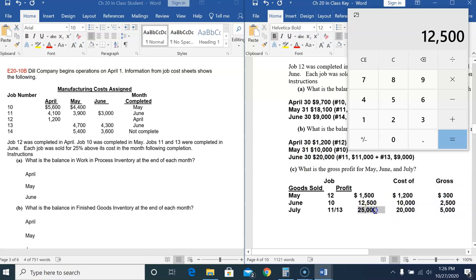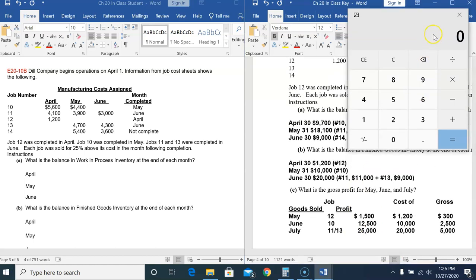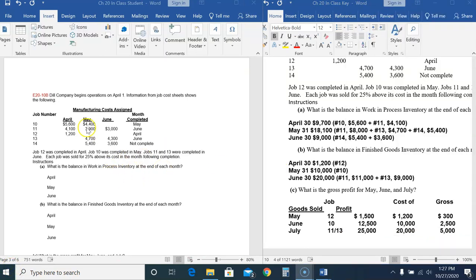We would have sold it for 25% more. Sorry about that. Let me get back to this. $20,000 sold at 125%, or 25% higher, 1.25. We would have sold it for $25,000 for a gross profit of $5,000. Okay, hopefully that all makes sense.